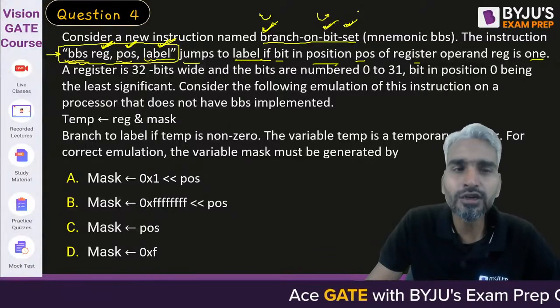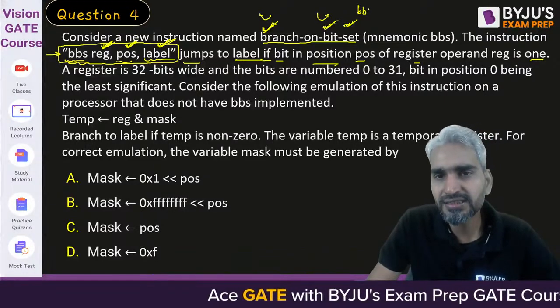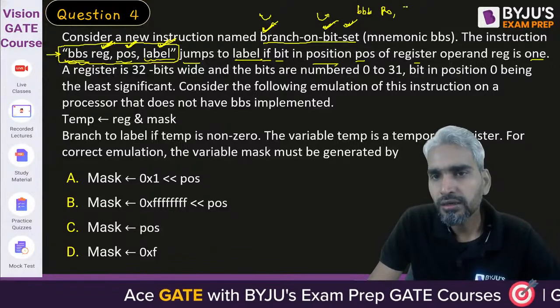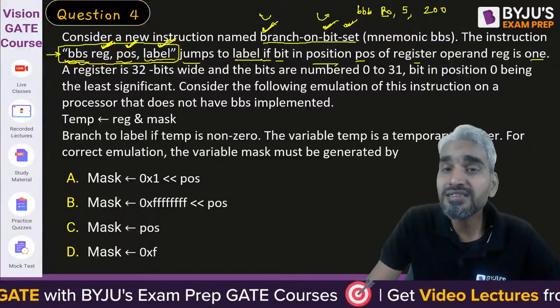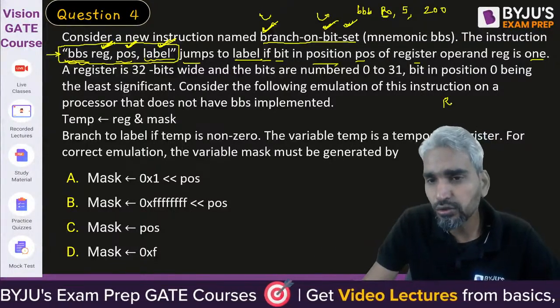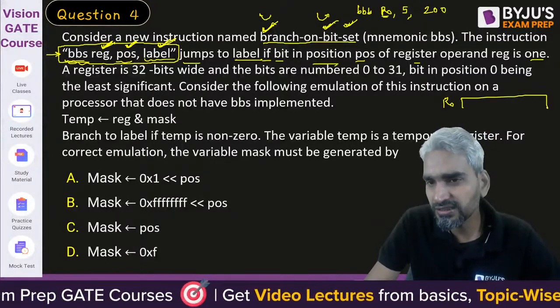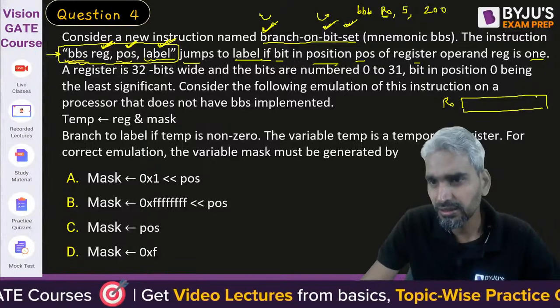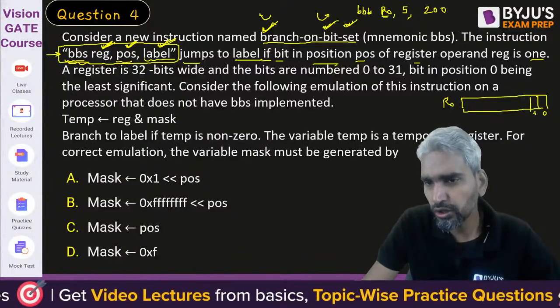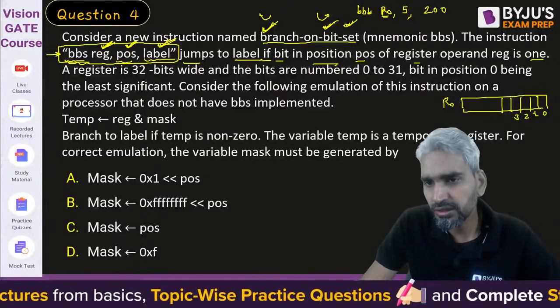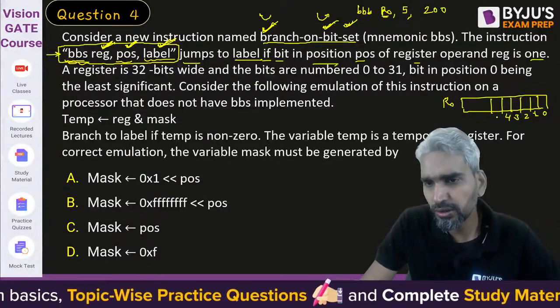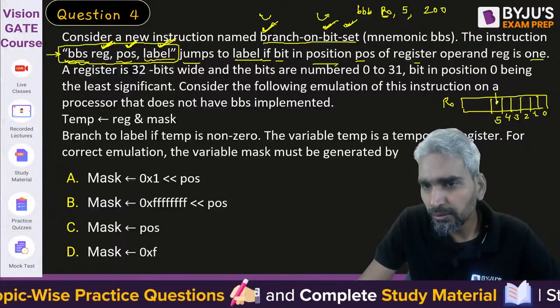So let's try to understand. If I simply write BBS R0 5 200, what does it mean? Sir, in register R0, let's assume it's an 8-bit register. This is your position 0, position 1, position 2, position 3, position 4, position 5. So we are talking about this particular bit.